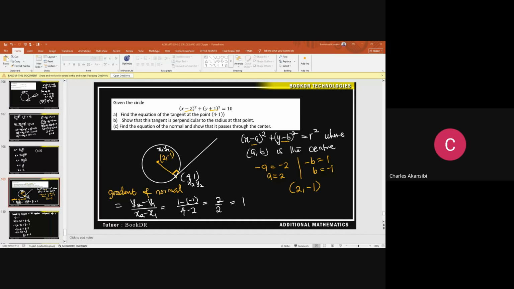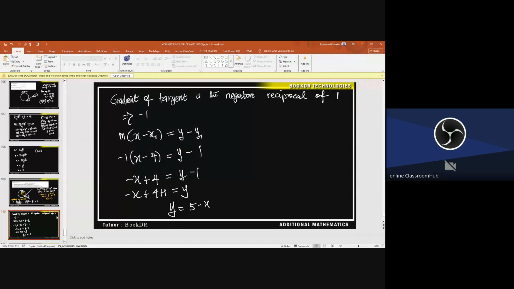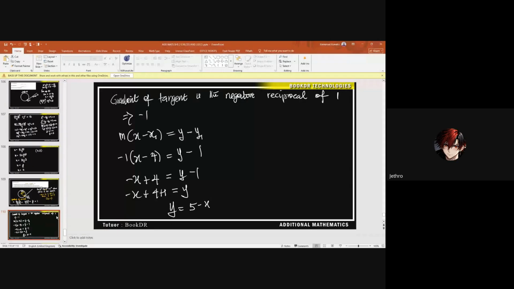Please, won't the equation of the circle be y is equal to x minus 5? Let's go back and check. Is it x minus 5? Yes, sir. Why x minus 5?